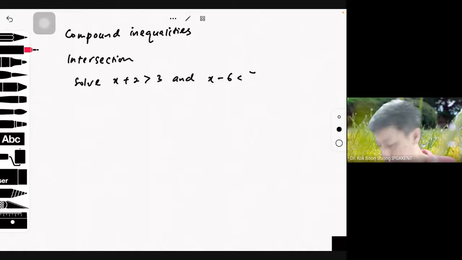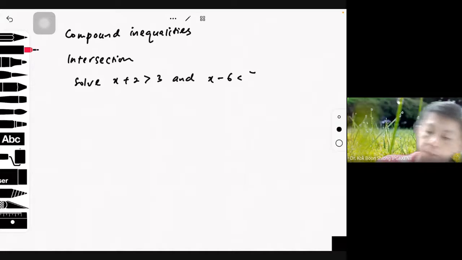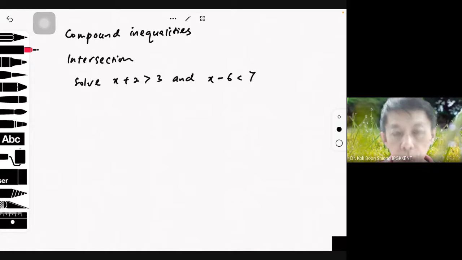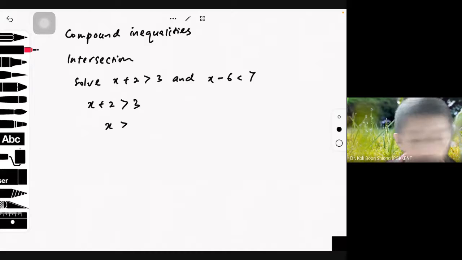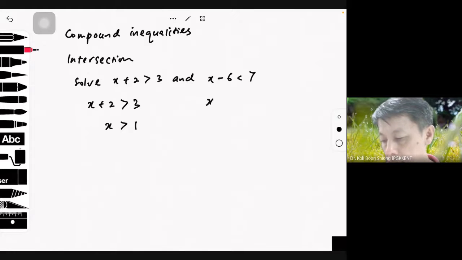So how to solve this? This is simple and straightforward. x plus 2 larger than 3, so x is bigger than 1. Here, x minus 6 smaller than 7, so x is smaller than 13.